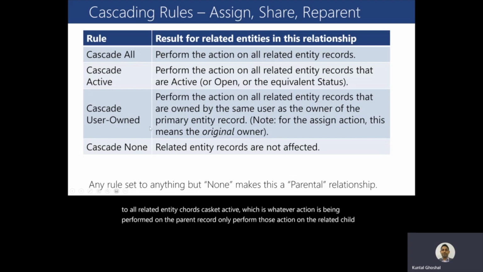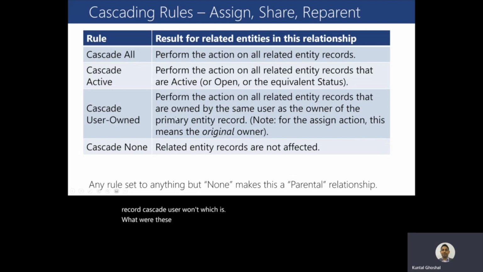Cascade user owned, which is whatever action is performed on the parent record, only perform those actions on the child record if it is owned by the user who is performing that action. And there is cascade none, where the related entity record is not affected at all.